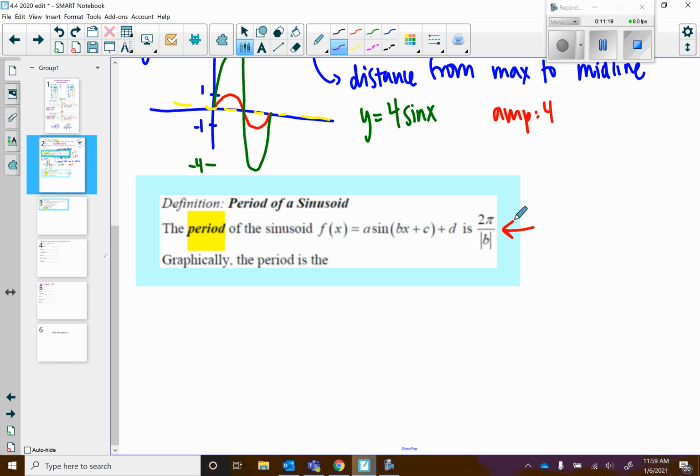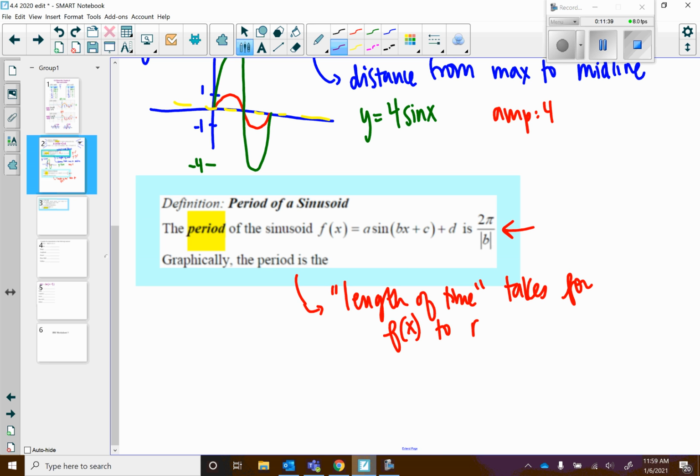That's the exact same definition for the period of a sine or cosine function, except we make it a little bit fancier. The period is the length of "time", and I'm putting that in quotes because it's not officially time, but the length of time it takes for our function to repeat.